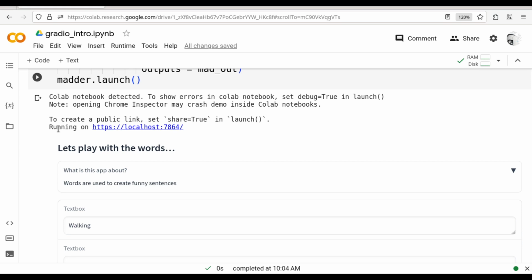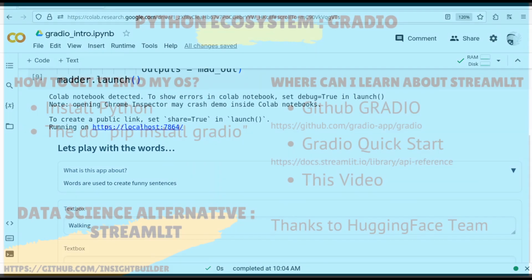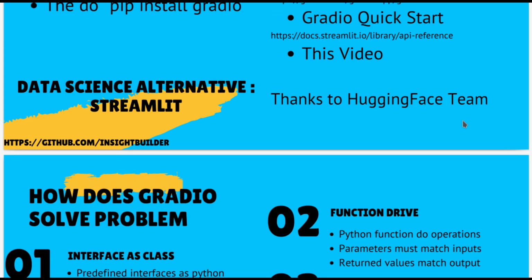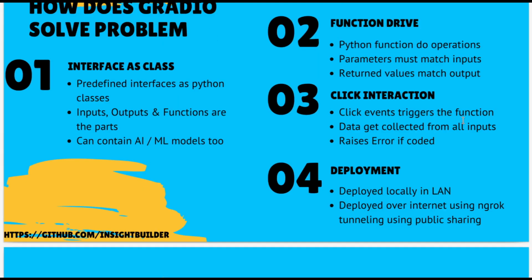So before I dive deep into the code and share with you how it is being done, I would like to further explain a bit about Gradio. Gradio, as I was telling you, is a Python library, and you can work with various other applications in Gradio. It's not the only application available. The point I want to make here is how Gradio solves the challenges.